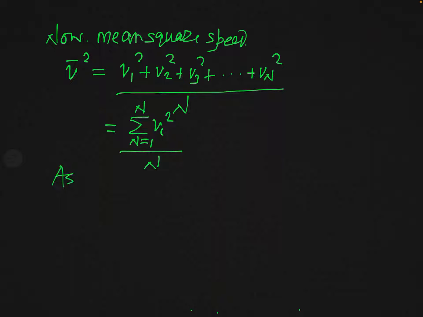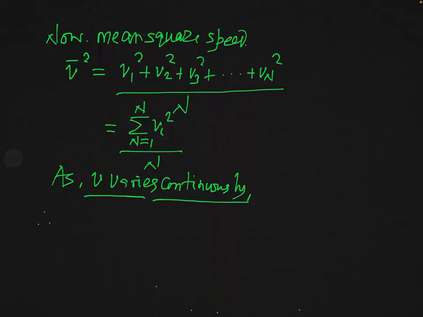So as v varies continuously, if the function has continuous values, then this summation is changed into integration. In this present situation, we must change this summation into an integration, because the number of molecules is very large and the speed of a molecule varies almost continuously, not discretely.